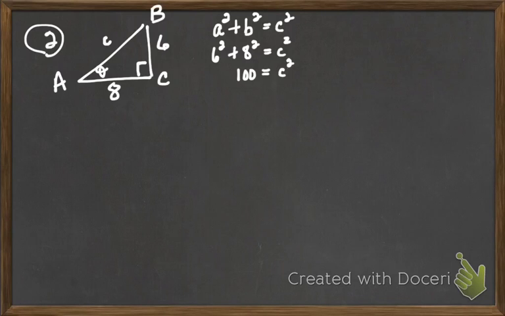We'll use the square root property, which your wonderful Algebra 2 teacher taught you. Take the square root of both sides. And c technically is equal to positive or negative 10. But in this situation, we're talking about a side of a triangle, so sides of triangles can never be negative. So c is always the positive number there.